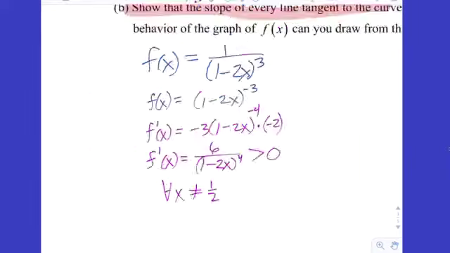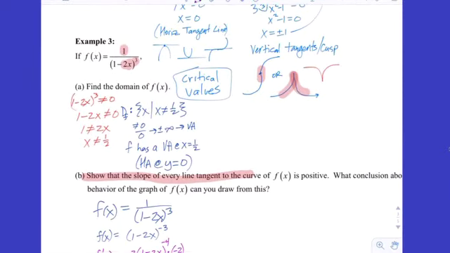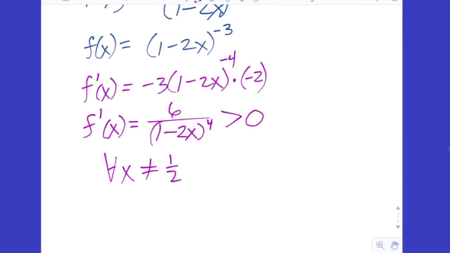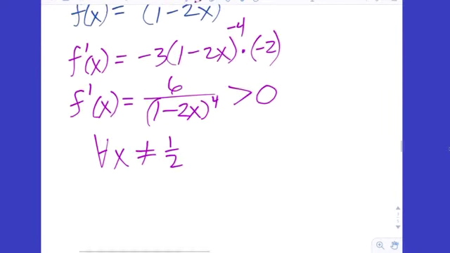A lot of the times in the questions when they're given to you, they don't just ask you on part A to find the domain. That's something that you have to consider on your own, and be careful when you say some blanket generalization for all values. Now, because the slopes are always positive over the domain, we can now say, so f of x is doing what?